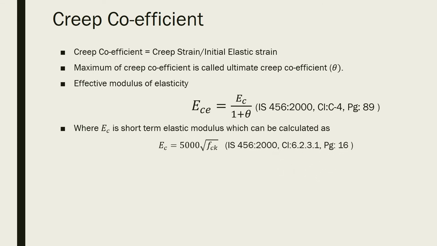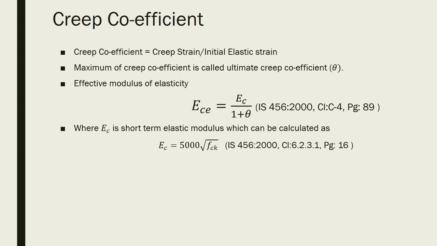Here fck is the characteristic strength, and 5000 root fck is called the short-term modulus of elasticity. That means we are not considering the long-term effect while calculating the EC value.